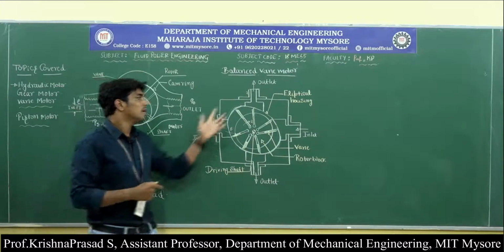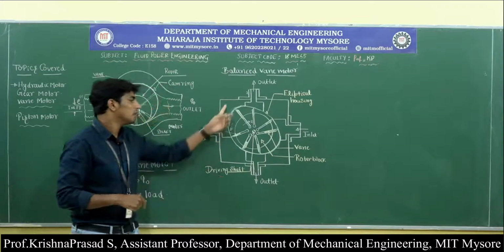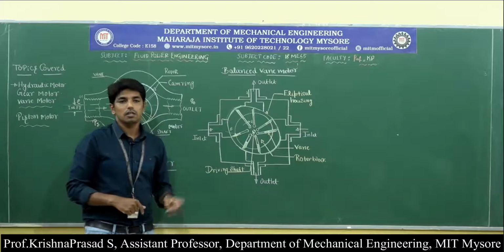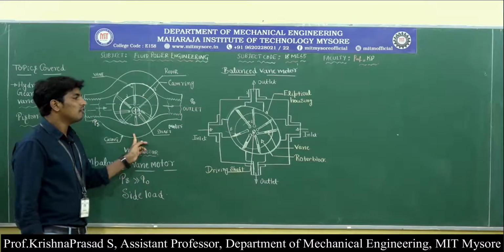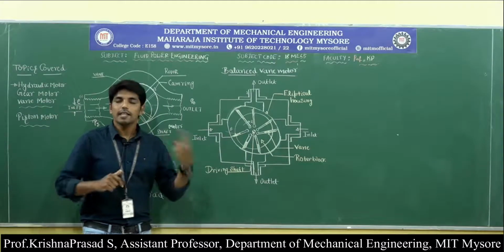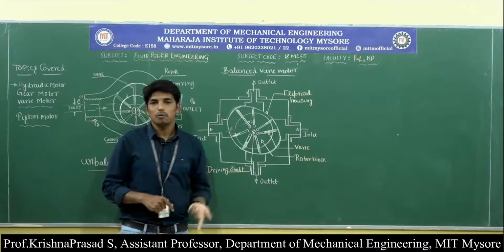So what is the main advantage of the balanced vane motor? Because the two pressure ports are provided diametrically opposite to each other, whatever side loads develop on the motor shaft as well as at the bearing will nullify. That is the main advantage of the balanced vane motor.